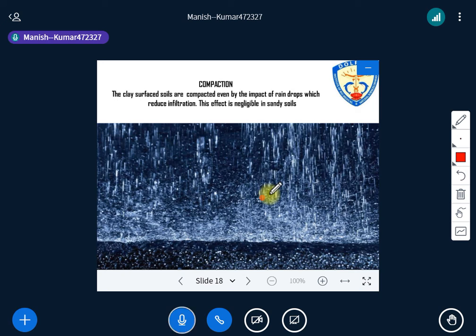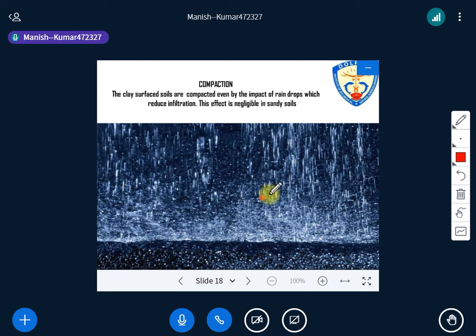Then compaction. Compaction means how the soil grains have been packed. Going back to soil science, which you have already studied, clay surface soil is very compacted.